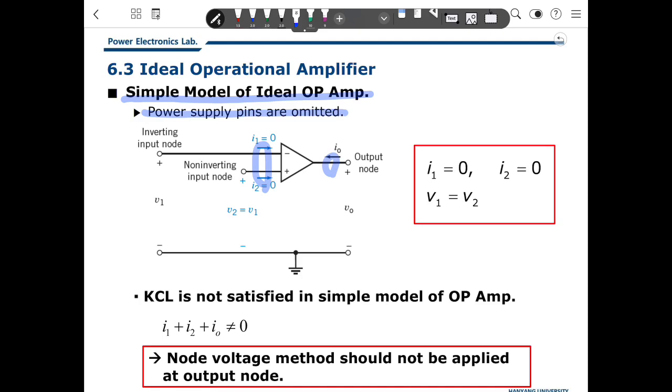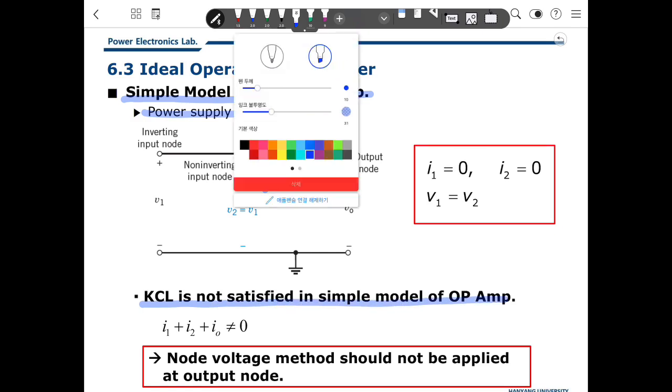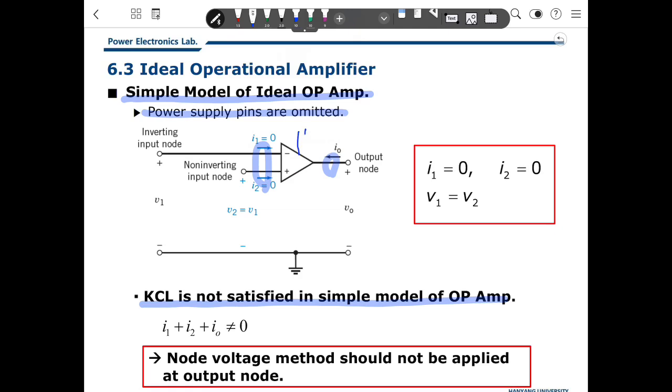If we use that model, then KCL is not satisfied in the simple model amplifier. Why? We ignore the two pins here, I supply plus and I supply minus. So that is not satisfied. But the problem is very simple.